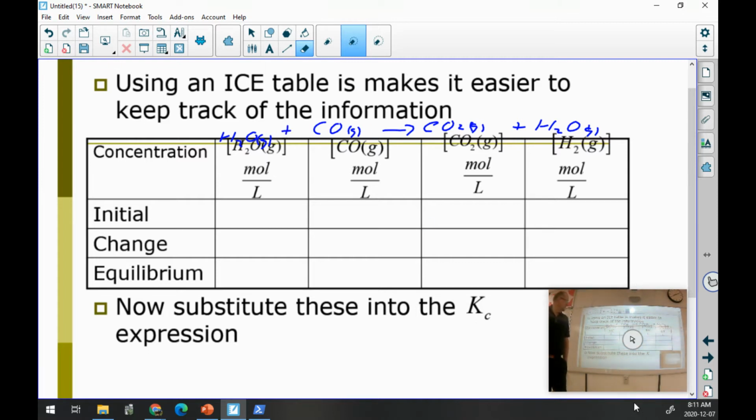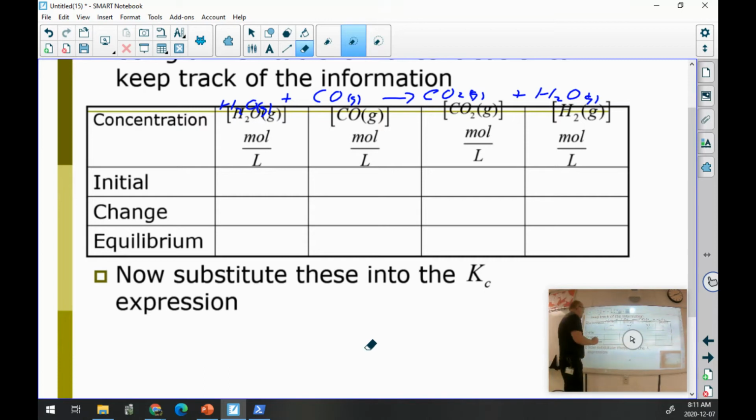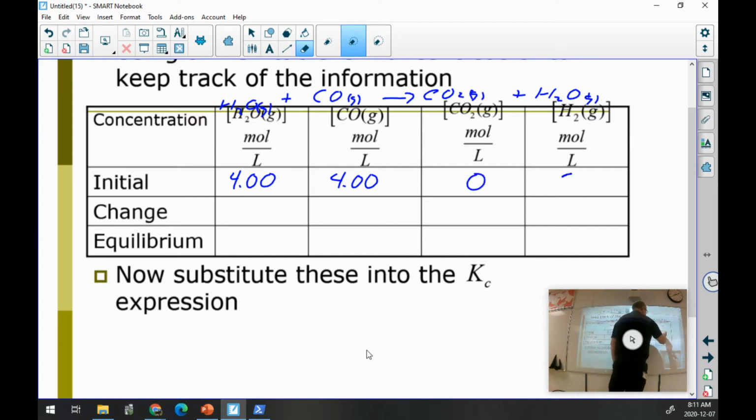That is useful for us. So for initial, we have 4 moles per liter here, and 4 moles per liter here. We're going to make an assumption that the container was empty when we entered those in, so there is initially no carbon dioxide or hydrogen gas.